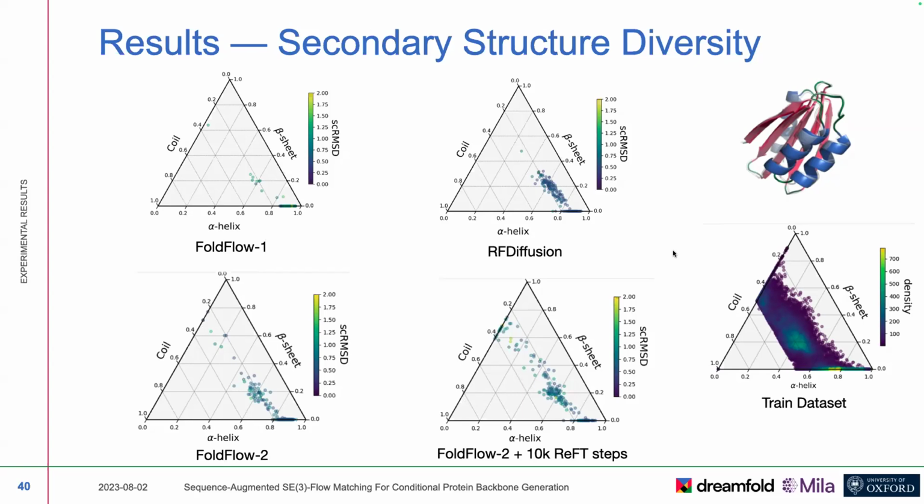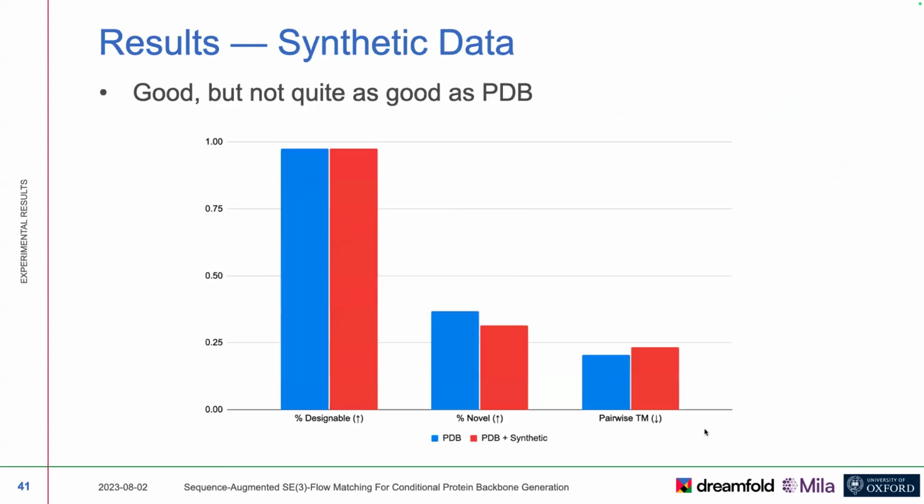So that's a pretty interesting result as well. And then, as I said, we also experimented with synthetic data. Like I said, it's good, but not quite as good as PDB. Most of our main results in the paper use the PDB data set, but the differences are pretty marginal, and we're still working to improve that recipe.